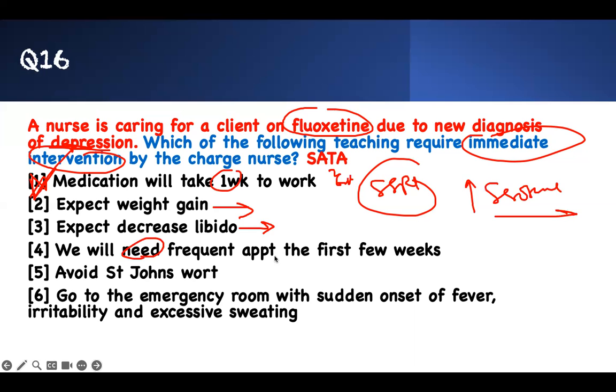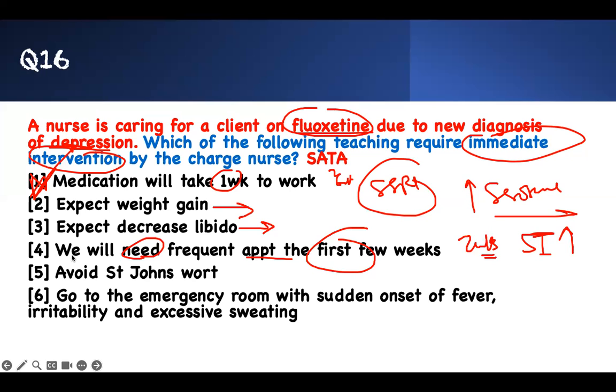Why do I need frequent appointments the first 2 weeks? As soon as you start a patient on an SSRI, you worry, especially 2 weeks after you started, their suicidal ideation goes up and they may kill themselves. Therefore, you need to see them more frequently. So this does not need intervention. You need more appointments so that I can make sure you are not suicidal.